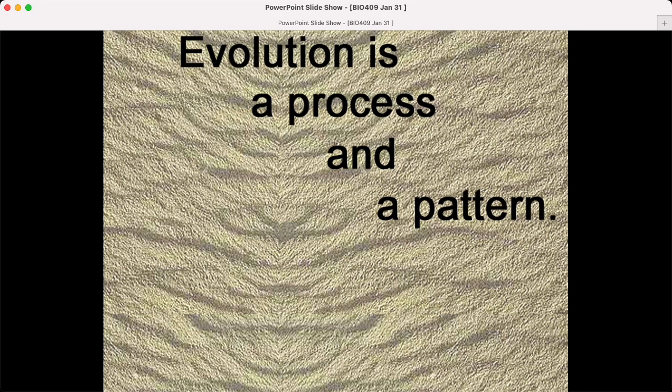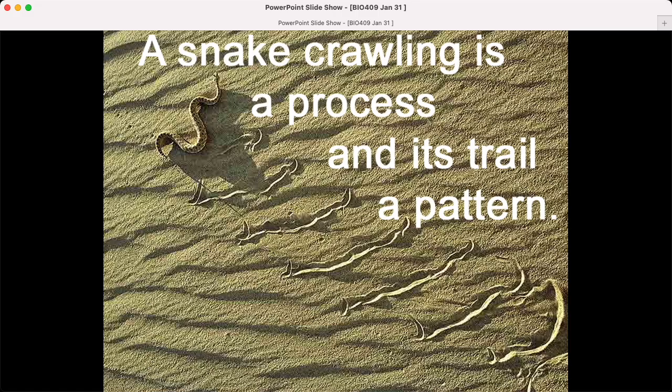And that arises from this, which people don't talk enough about. They talk about evolution and people think it's a process, but it's a process and a pattern. And the thing that biologists are really excited about is not just the process, but the pattern. Everything in biology is about the pattern.